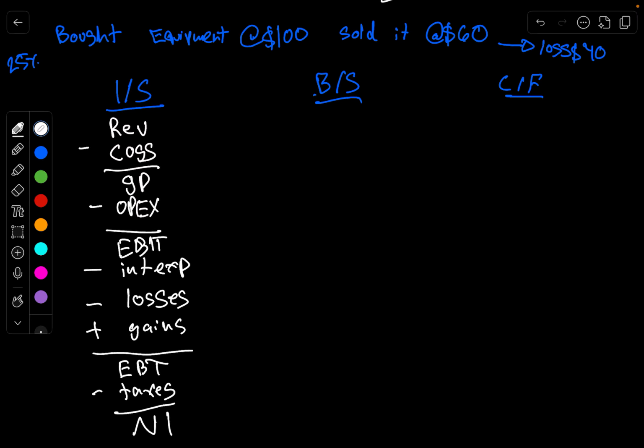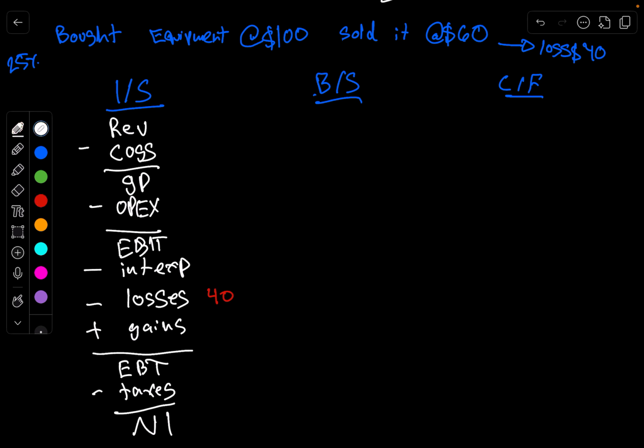So let's say that we bought equipment at 100 and now we're selling it at a loss. We bought this equipment in some previous period. We're selling it in this period at a $60 loss. I mean, sorry, a $40 loss. We're selling it at $60. So what is that going to look like? Well, we are going to recognize this $40 worth of a loss right here.